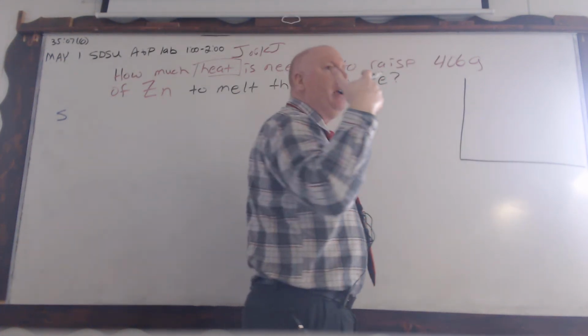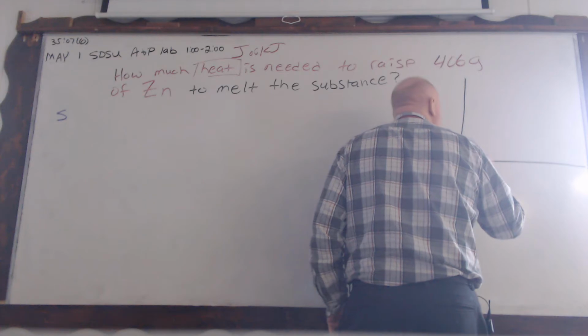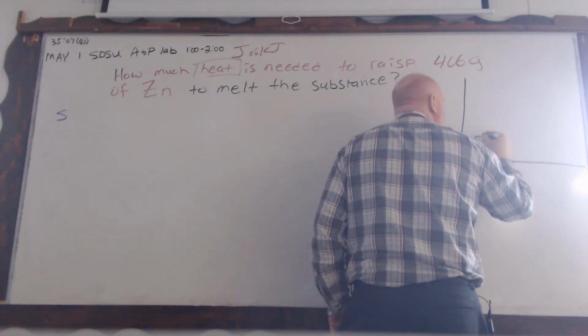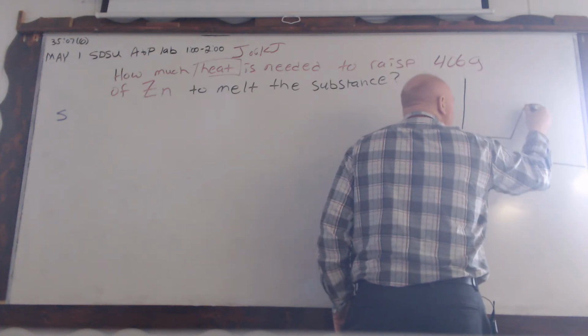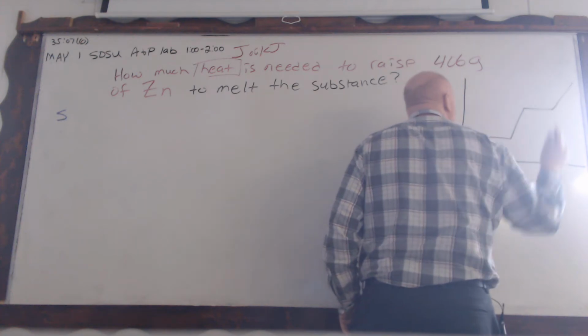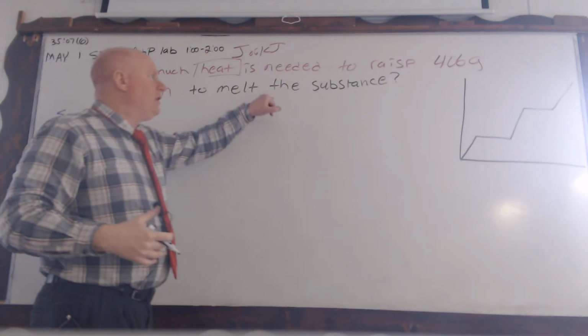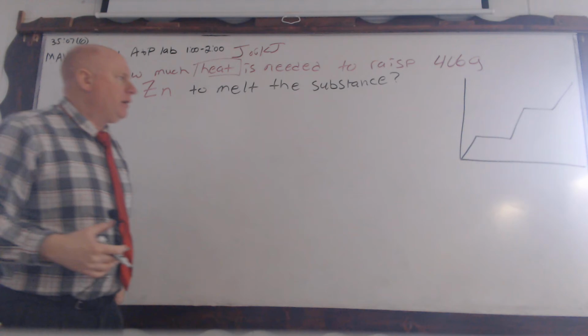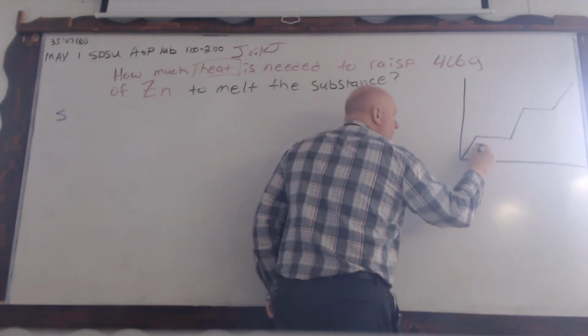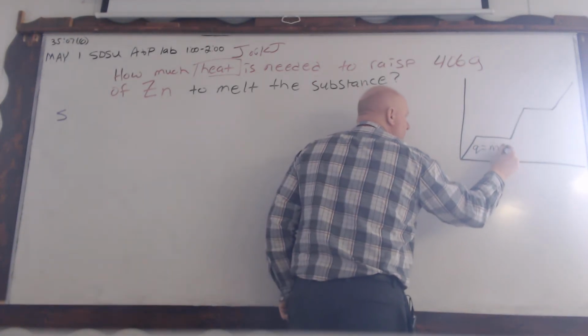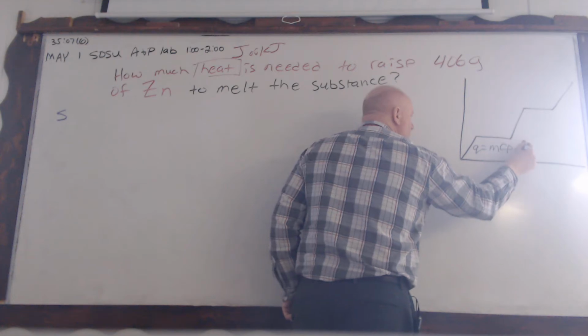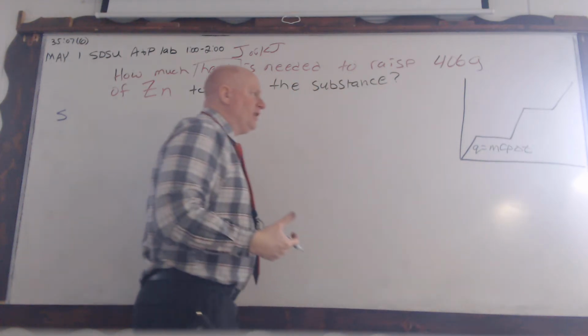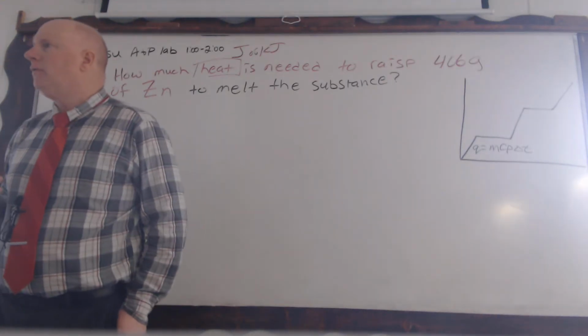There was step 1, step 2, step 3, step 4, step 5. The prior example we did was just step 1, Q equals mass times specific heat times change in temperature, because it gave you a temperature range.